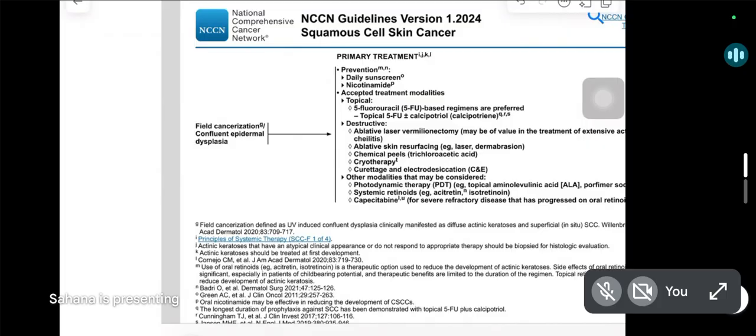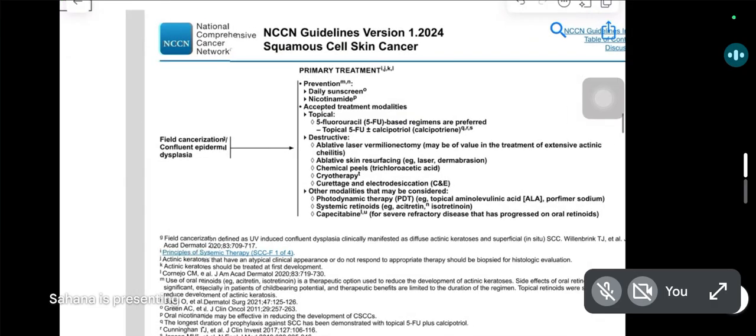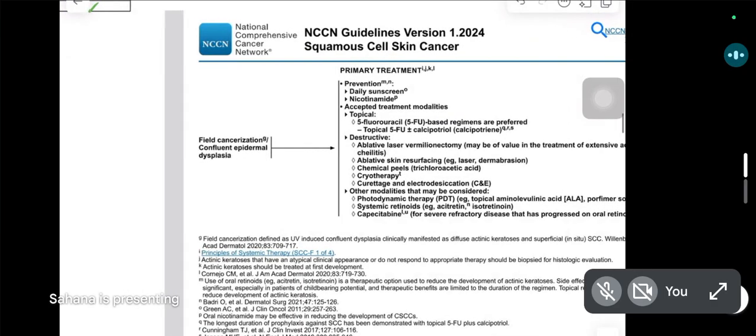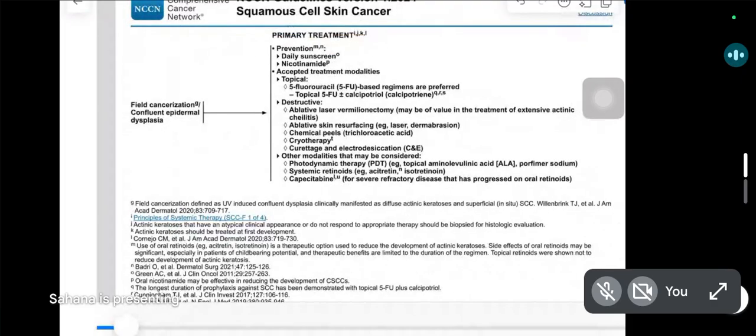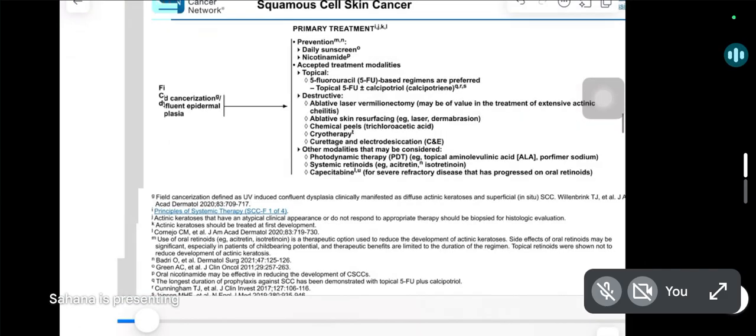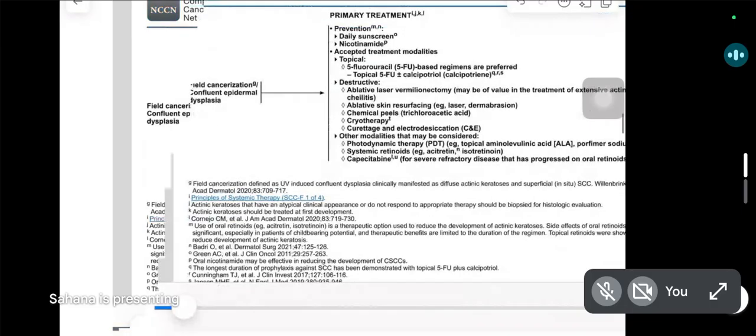Then ablative techniques, chemical peels, cryotherapy, curettage and electrodessication, photodynamic therapy, retinoids, and capecitabine for severe refractory disease that has progressed on oral retinoids. These are the special mentions. If in case they ask about field cancerization with respect to skin with confluent epidermal dysplasia, you can mention all of these, and especially in precursor lesions of skin also, you can make a special mention.